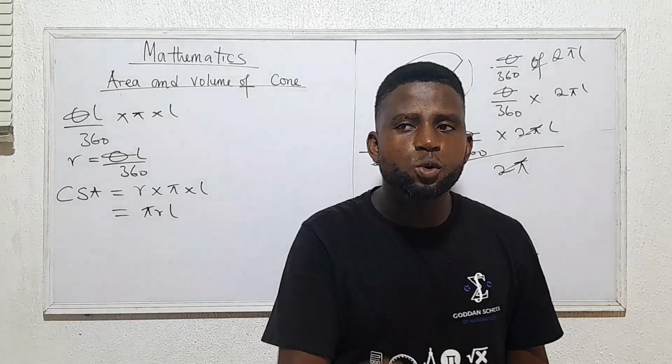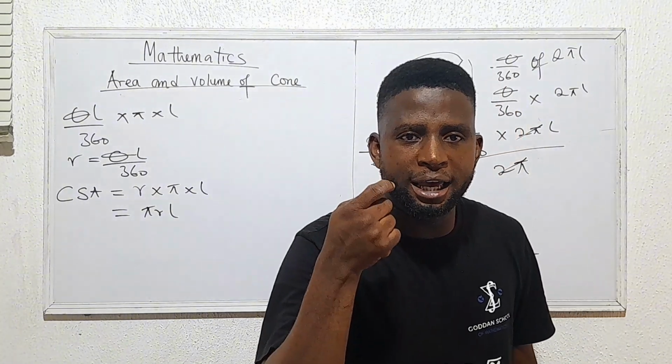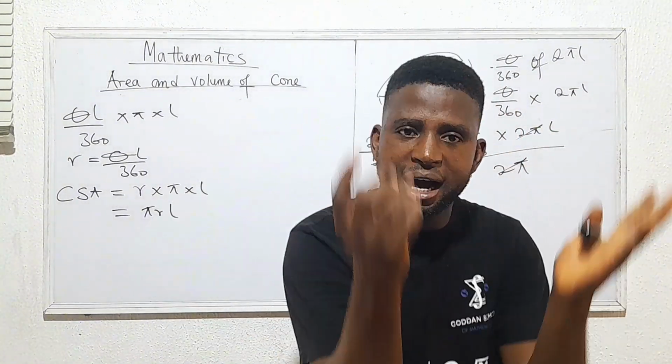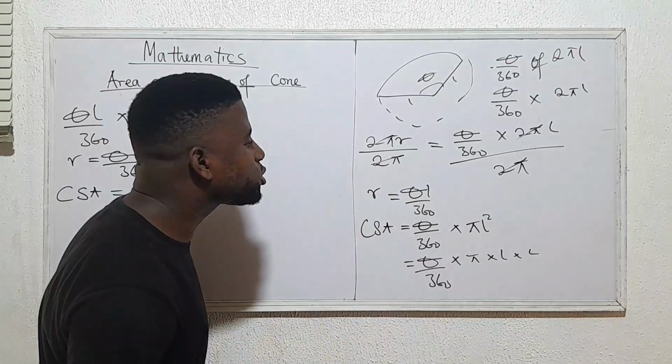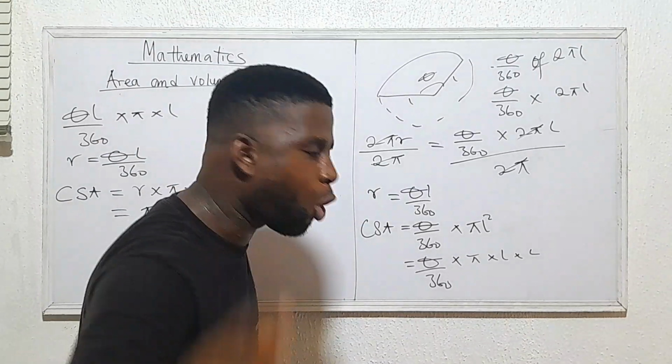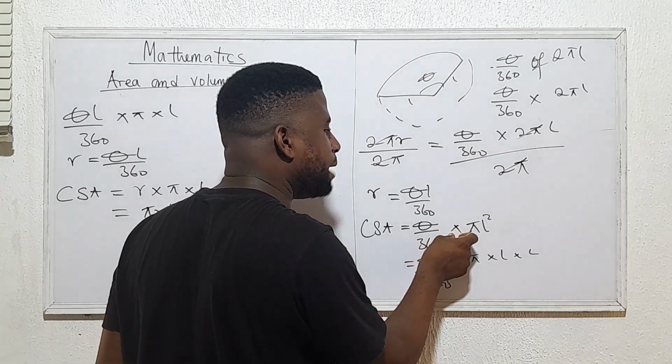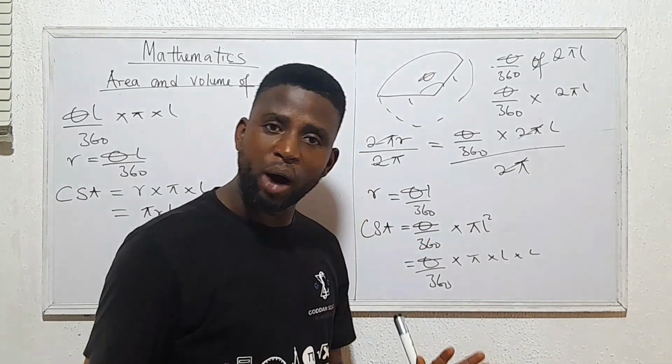Now, in a situation where the angle of the arc is given, the curved surface area of the cone will be theta over 360 times pi L squared, right?